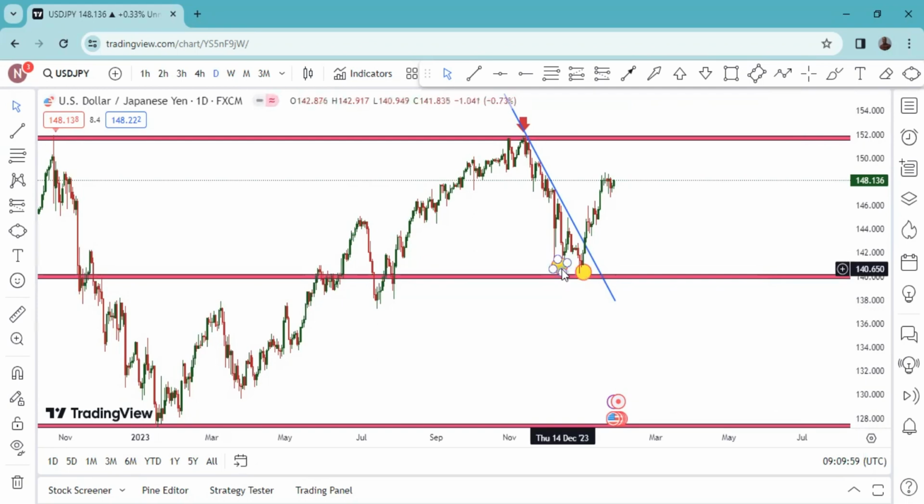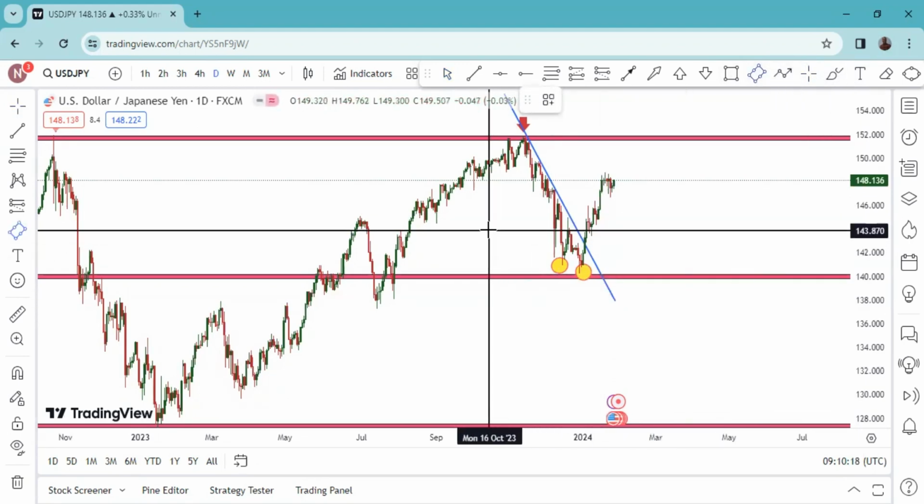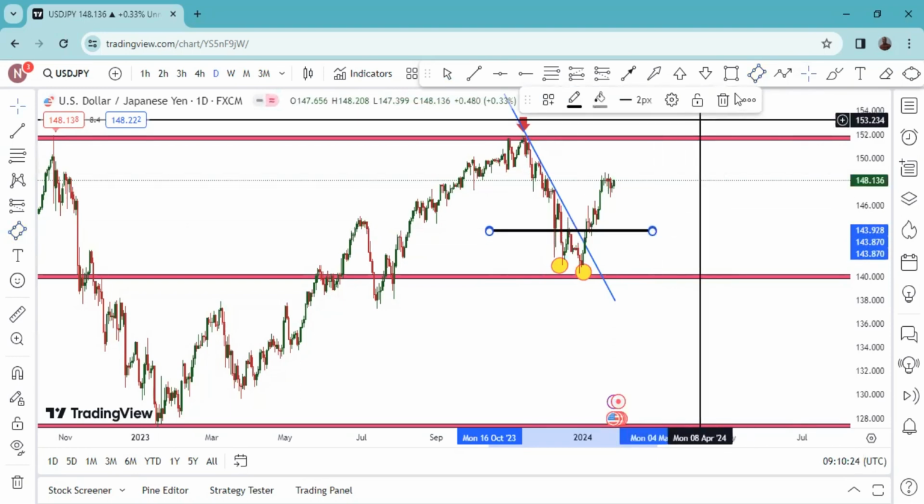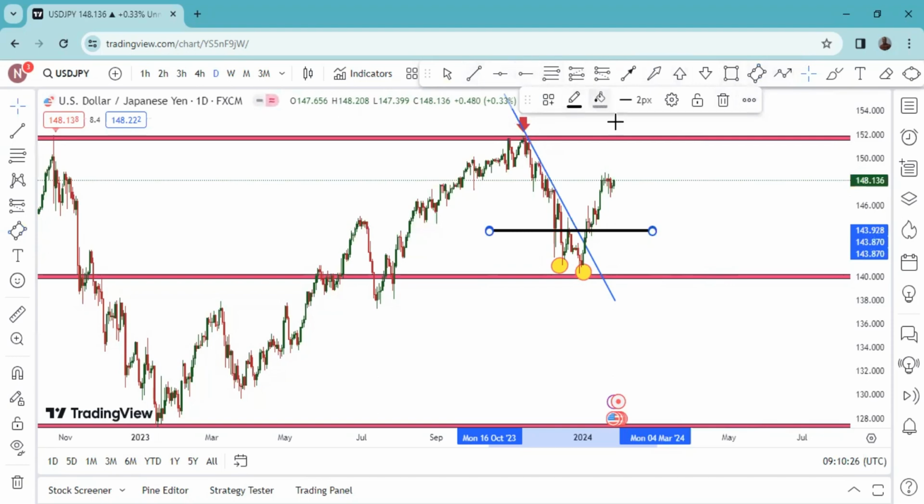This is the neckline, where the body ends. So as you know my rules, the next thing I do is draw a straight line on my neckline.